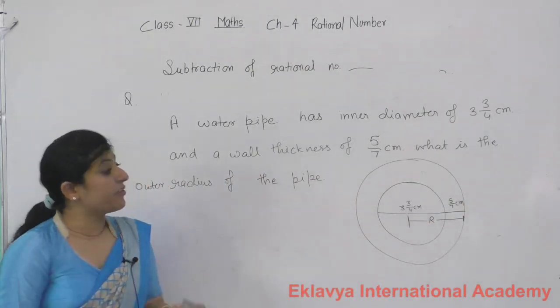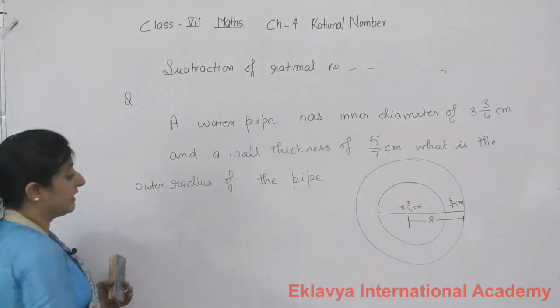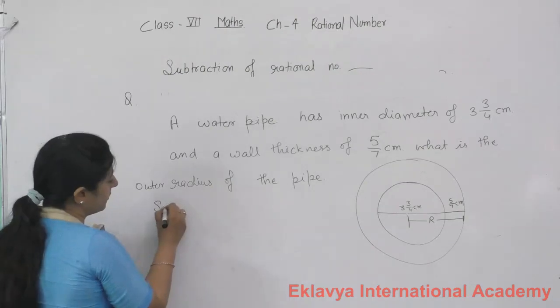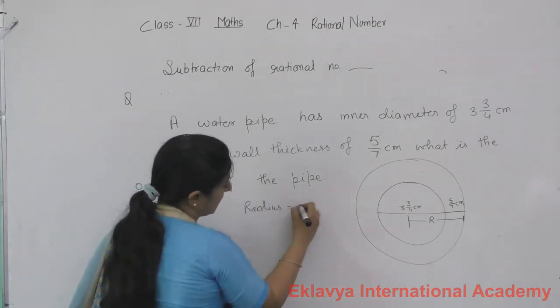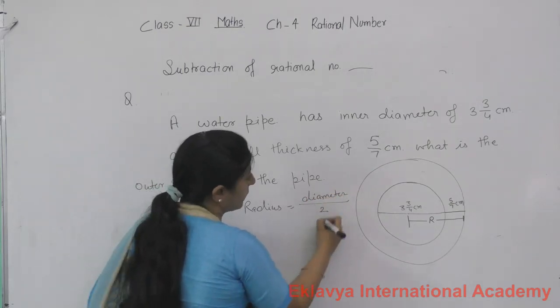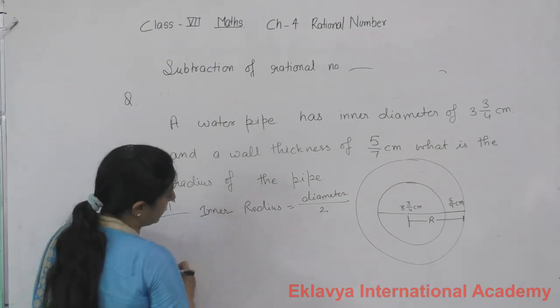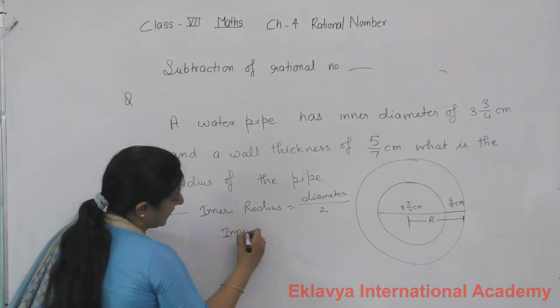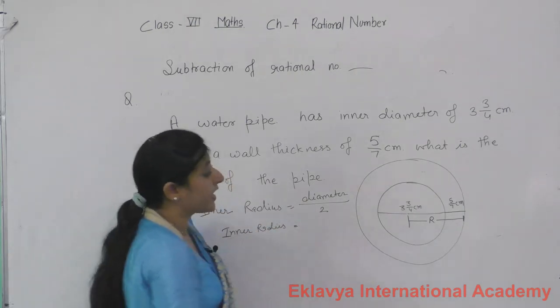See, firstly tell me what is the relation between diameter and radius. We know that radius is equal to diameter divided by 2. That is the inner radius, because the inner diameter is given to you. Inner radius is equal to diameter, how much?